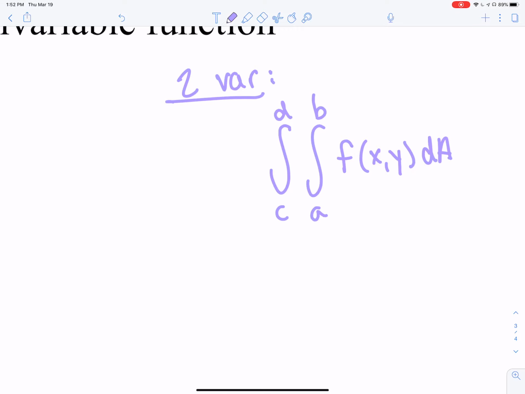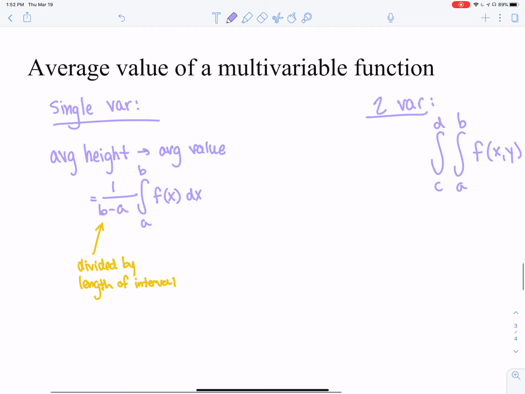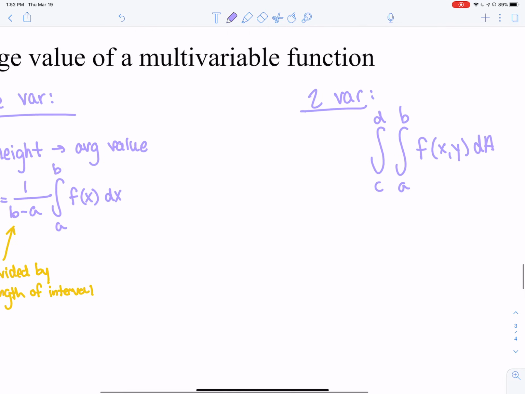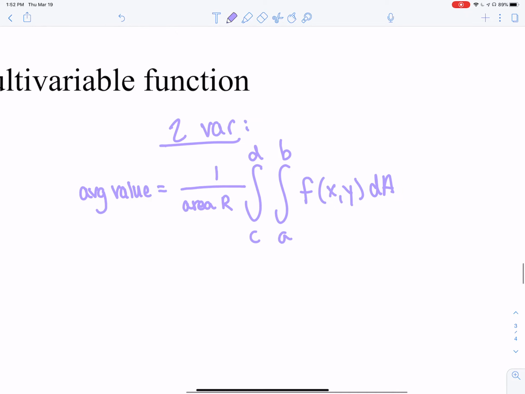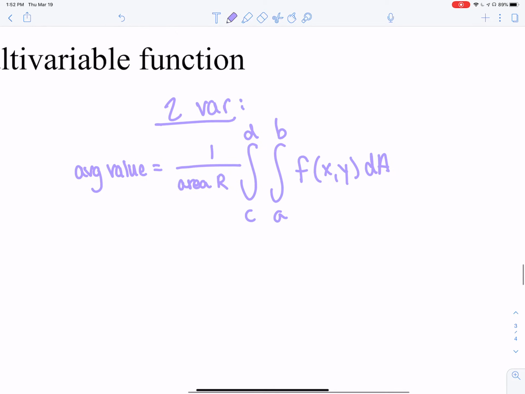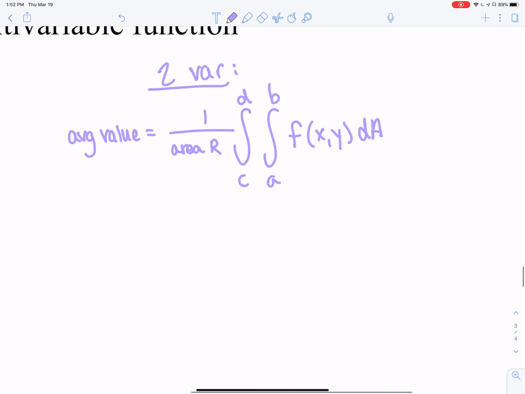And now, what do you think? Instead of dividing by the length of the interval, you're actually going to be dividing by the area of the region. So it's the area of R.